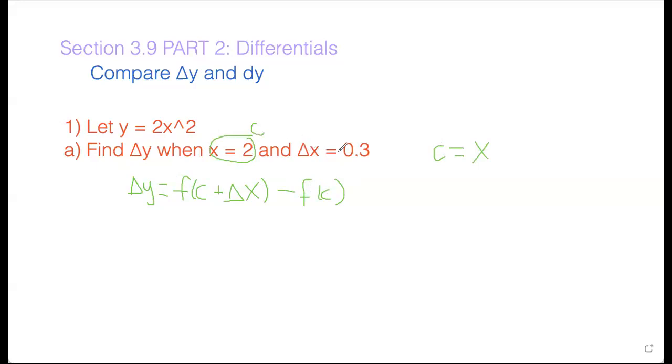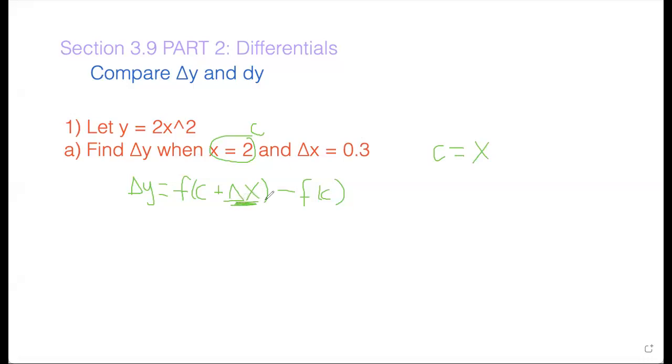And then our change in x is 0.3. That means our x is changing in the positive direction by 0.3. If it was negative, then it would be changing in the negative direction. So this is a positive change, and the change in x is 0.3. That's pretty easy to identify.